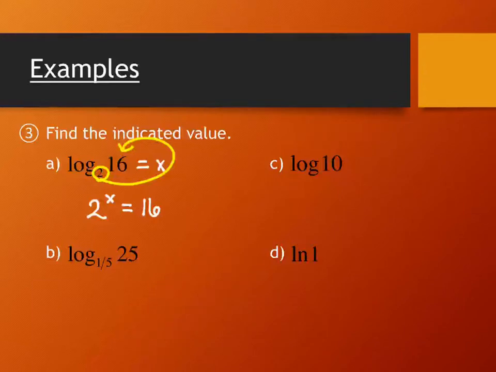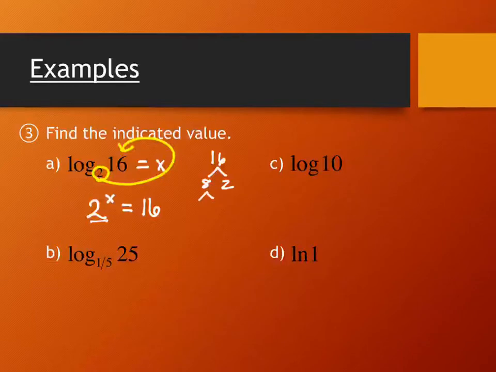Now, you might be able right here to just say, well, I know what x has to be. That's great. If you don't, what you're going to do instead is try to get them to have the same base on both sides. Well, one of them's already got a 2, and a 2 can't factor any smaller. But 16 can. If you were to factor 16, it's 8 and 2.